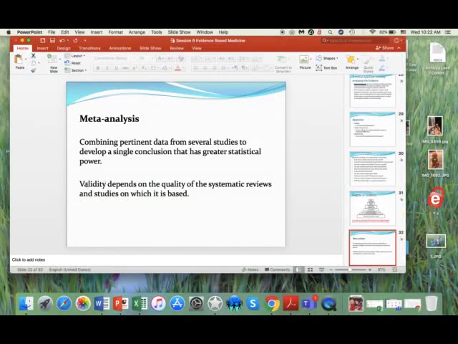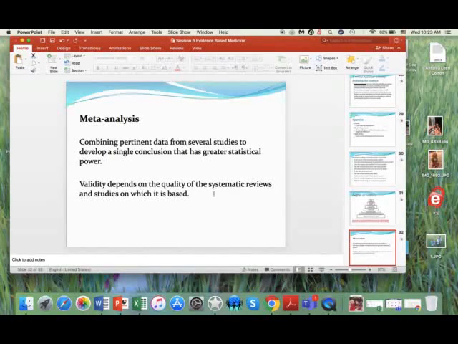So really, and this can probably make intuitive sense, the validity of that meta-analysis depends on the quality of the studies on which it's based. And so if there's 15 studies, like I said, but those studies aren't of very high quality, then that's going to mean the meta-analysis is not of very high quality either. If you are building a house but not using strong cement, it's going to collapse.